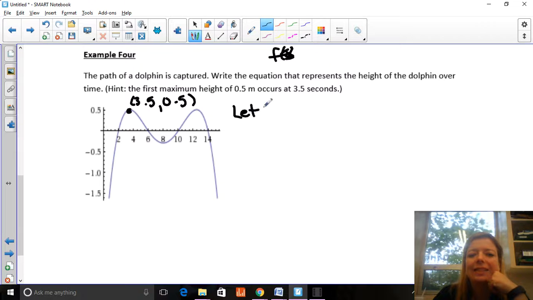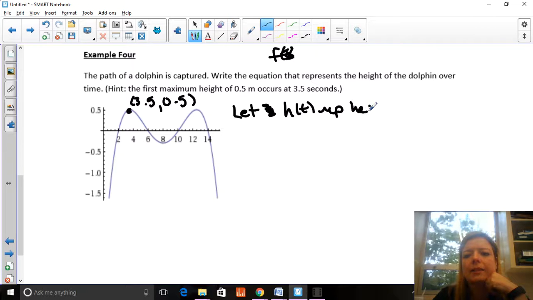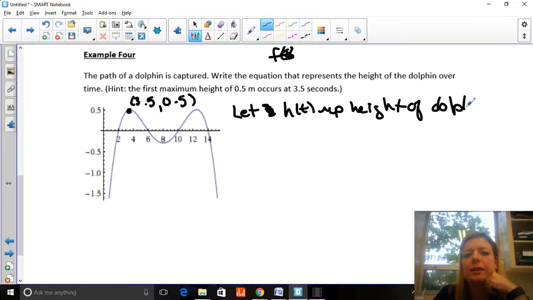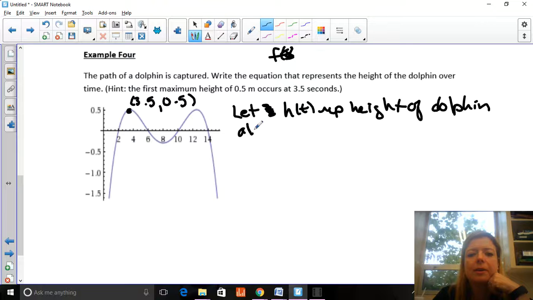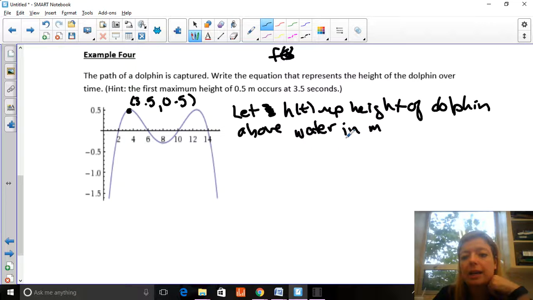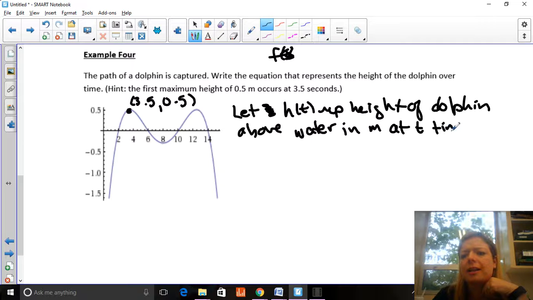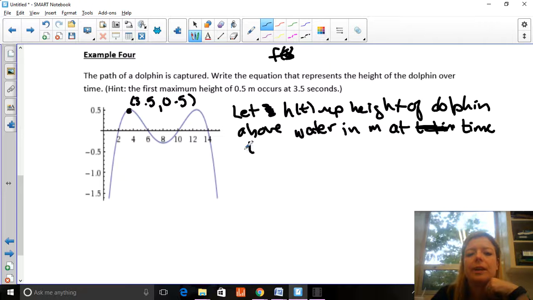So let h of t represent the height of the dolphin above water, because we can have negative here, which would be below water. The height above water, that's important that you add that, in meters, you have to have the units, at time t in seconds.